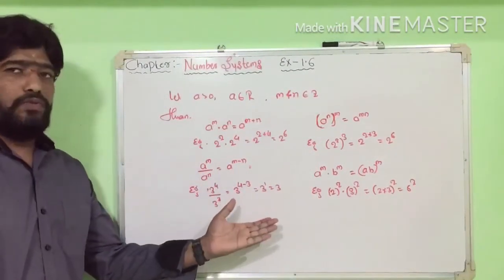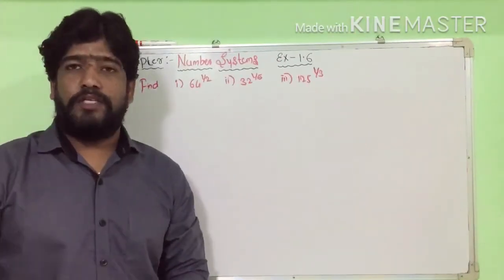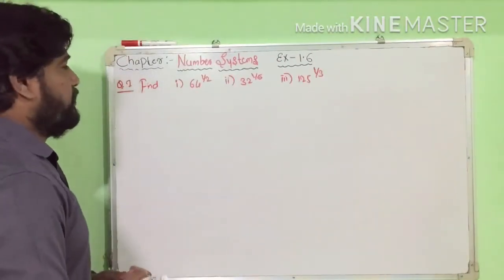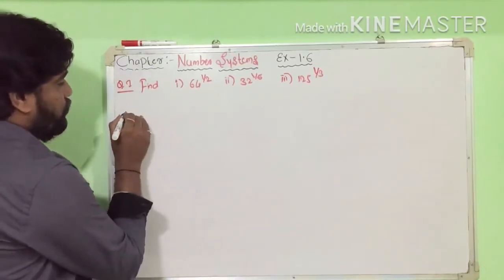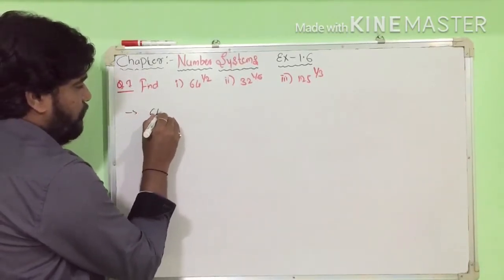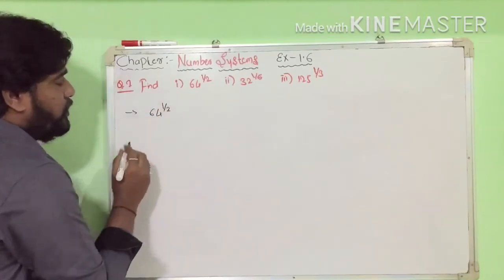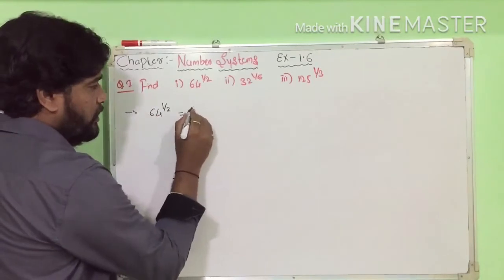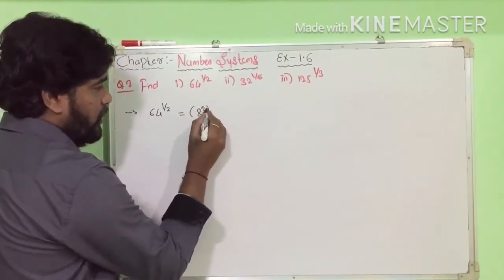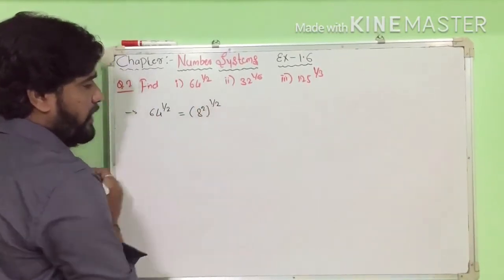On the basis of this, students, exercise 6, the first question. Find the first one they gave: 64 raised to 1 by 2. Write down here what they gave, 64 raised to 1 by 2. We can write 64 as 8 square, and raised to 1 by 2 as it is.